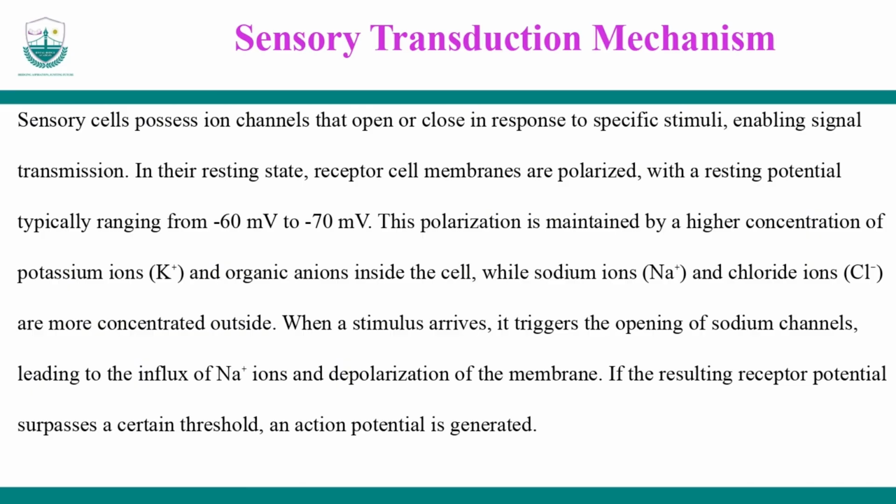So you have the inside negative, outside positive. Now, when the impulse arises, then you will have what you call depolarization. That is when the inside turns positive and the outside turns negative, and that is where the impulse is now fired.